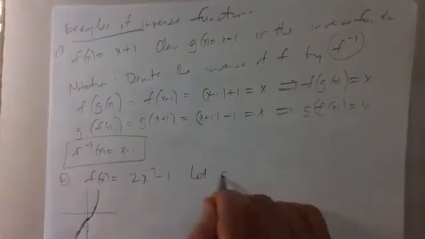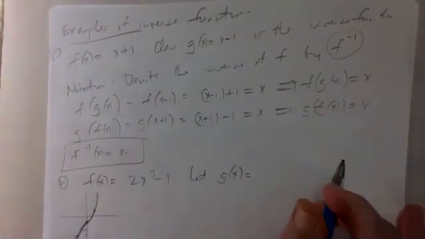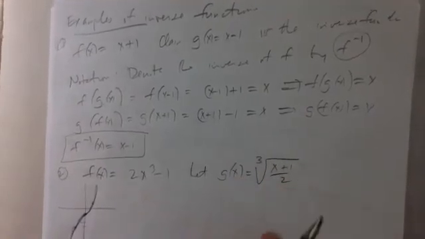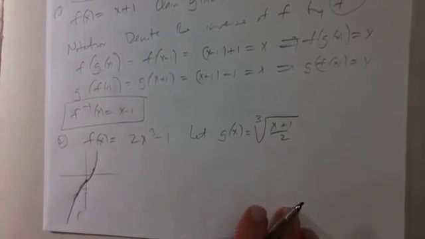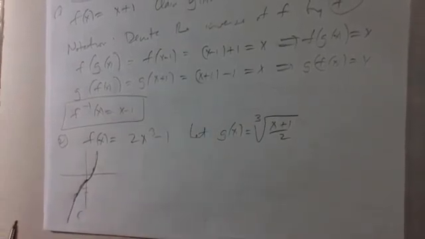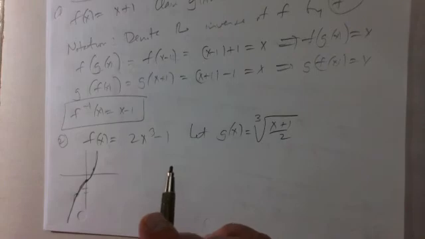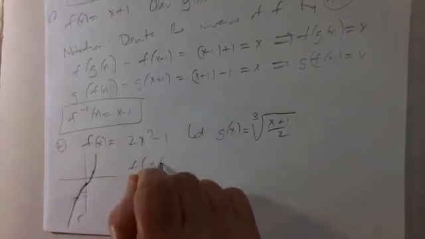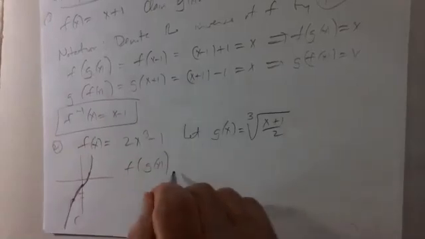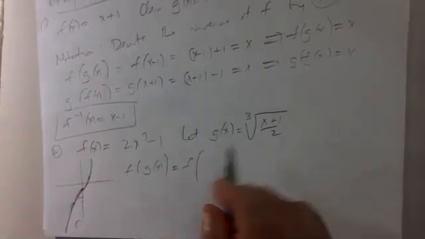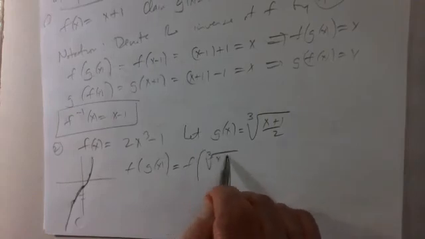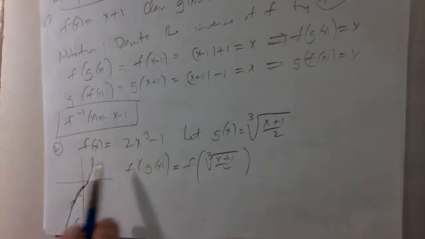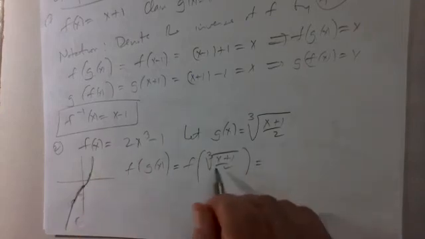Suppose we let g of x be equal to the cube root of (x plus 1) over 2. That looks a little bit complicated perhaps, but let's see. What is f of g of x? That's f of the number cube root of (x plus 1) over 2. What does f do to a number?